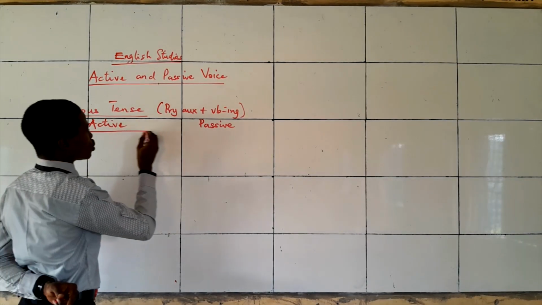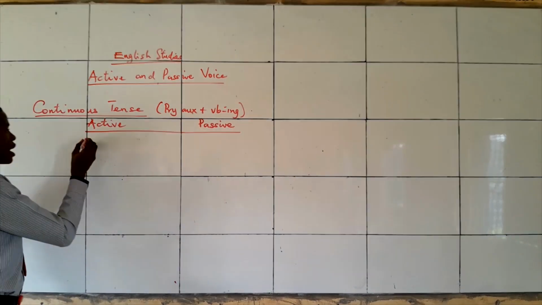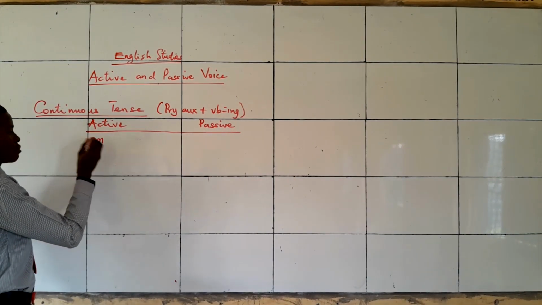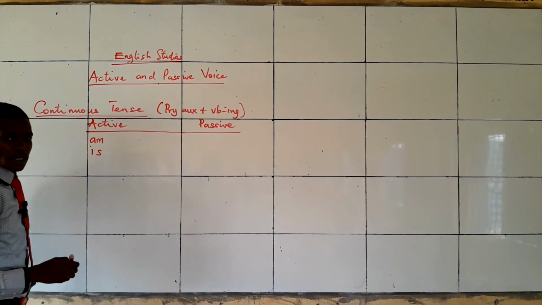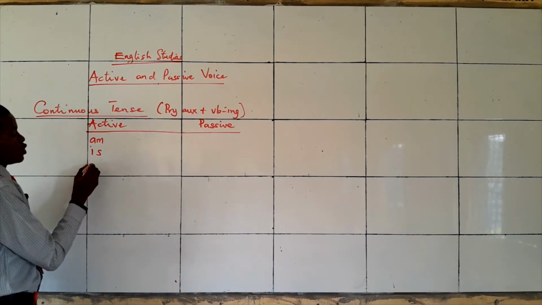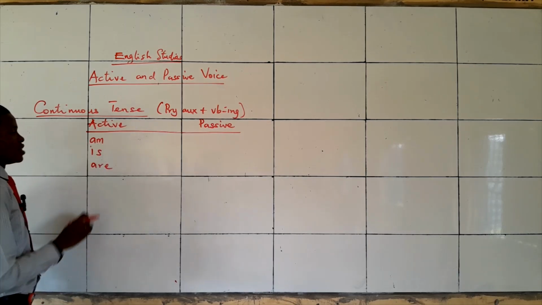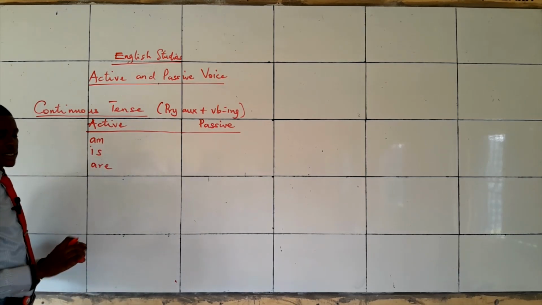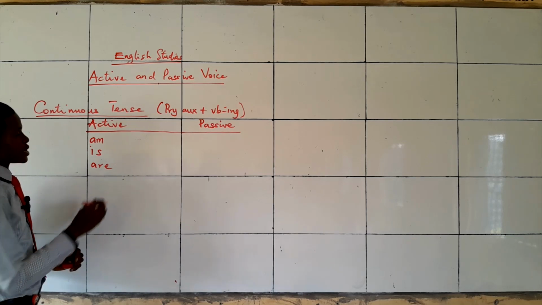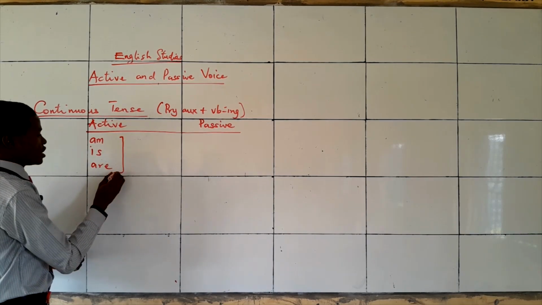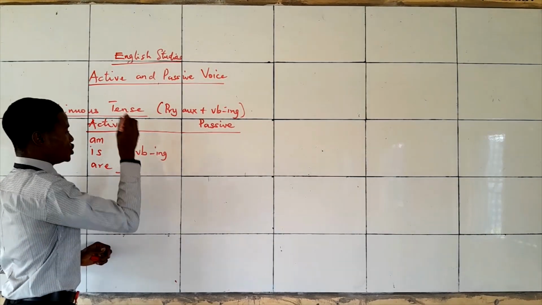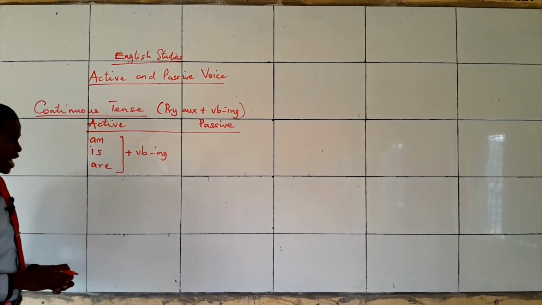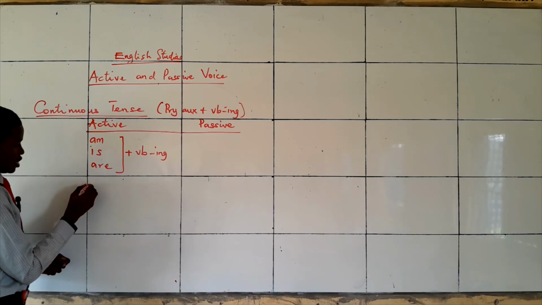We firstly talked of am, is, and are. These three are present continuous markers. We now use these three plus a verb with -ing.